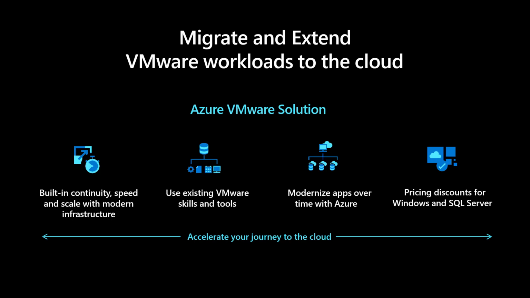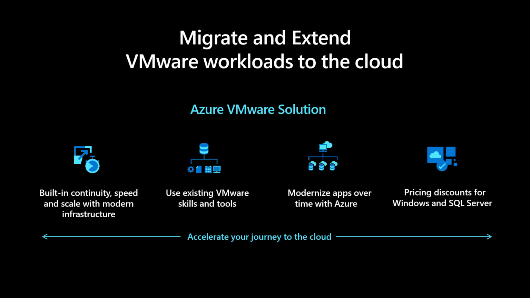So AVS helps enterprises out with the built-in continuity, speed, and scale placed on modern infrastructure. Companies get to use existing VMware investments, skills, and tools. So that means companies can transform at a time and pace that's right for their IT staff.